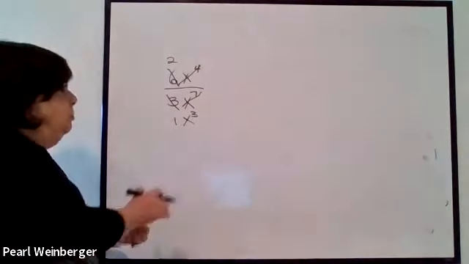Whenever you're reducing a fraction, you always want to cancel out the lower exponent, and your answer, after you subtract, is going to be in the position where the larger exponent was. The answer here is not 2x to the 3rd.